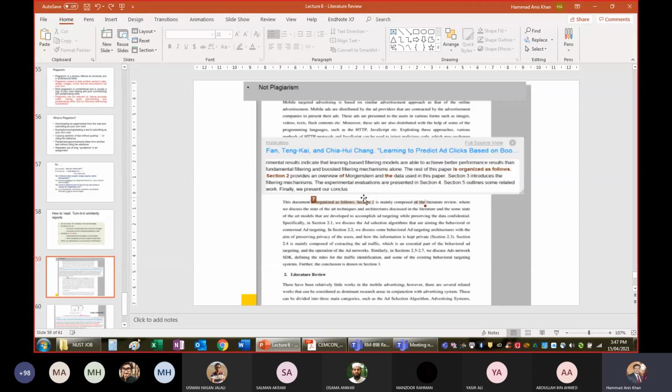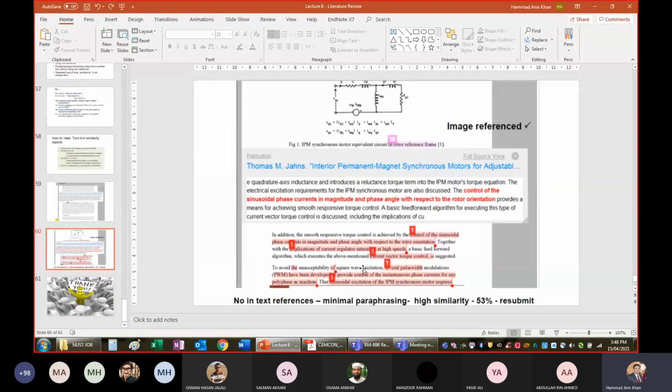Now section 2 can be in any research paper, it is a common word, so it can be ignored. But here the whole paragraph or a whole sentence is copied, so now it is not allowed.